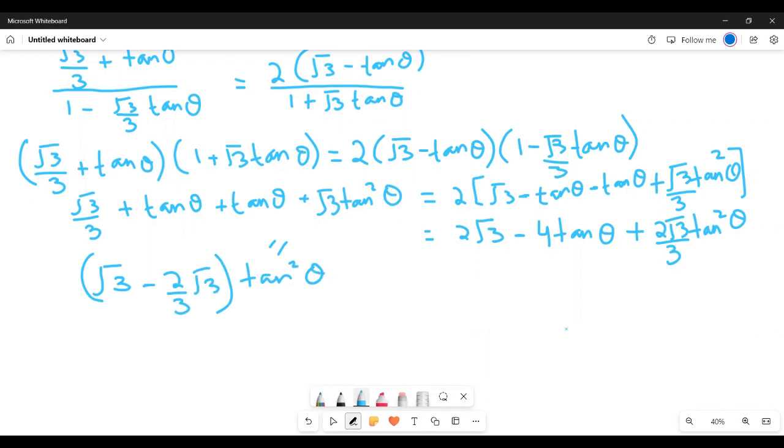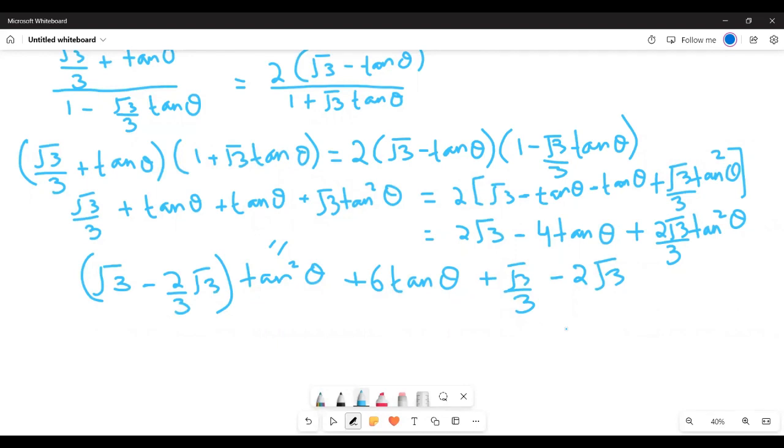Then we have plus 2 here at the left hand side, minus 4 goes over there, comes plus 6 tan theta. And for the constants, we have plus square root of 3 upon 3 at one end and minus 2 under root 3 at the other.